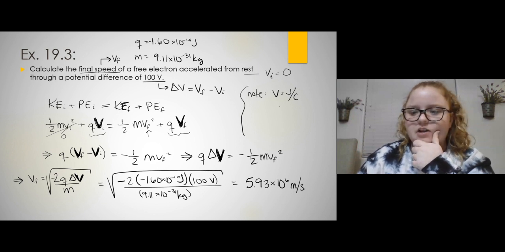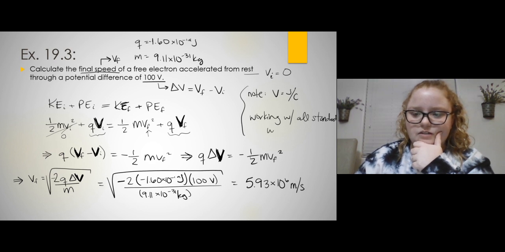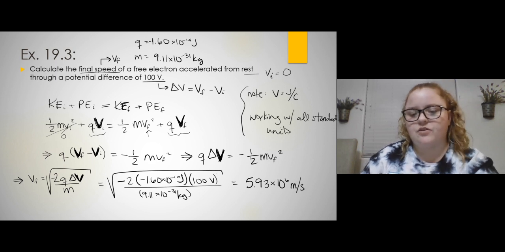Okay, I'm not going to go through this real quick, but we know that these are all standard units, working with all standard units, and it'll check out, okay? I'm not going to go through all the details.